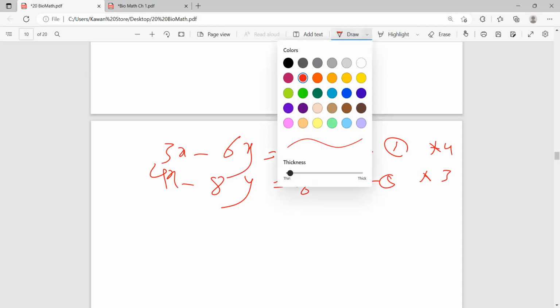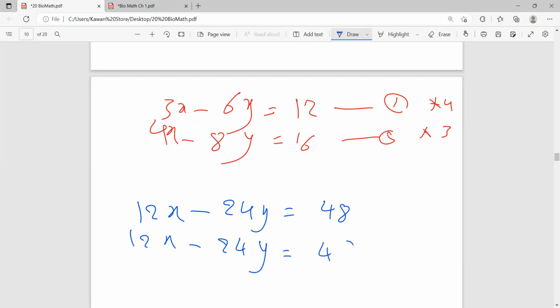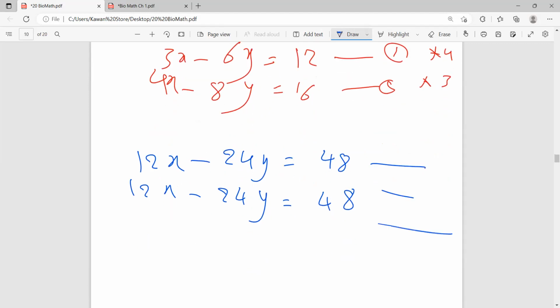Yes, why not? The easiest number. So I'll get 12x minus 24y. How about that one? So you can see the same thing.